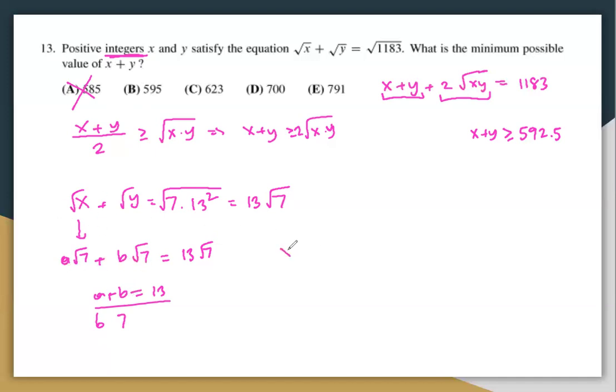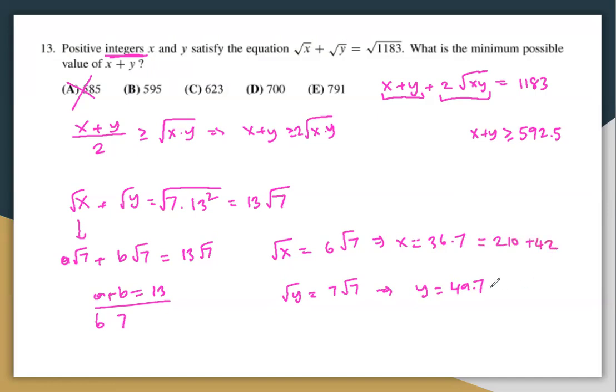The square root of x would be 6 root 7, and the square root of y would be 7 root 7. If you square, you get x equals 36 times 7, and y equals 49 times 7. 7 times 3 is 21, that's 210. 7 times 6 is 42, and 7 times 4 is 28, plus 63.